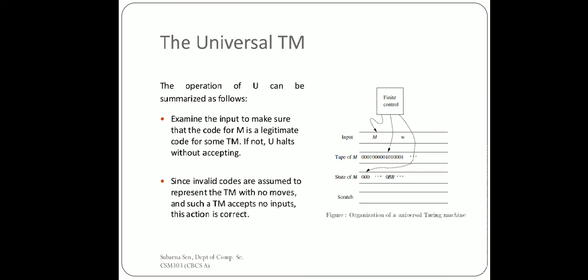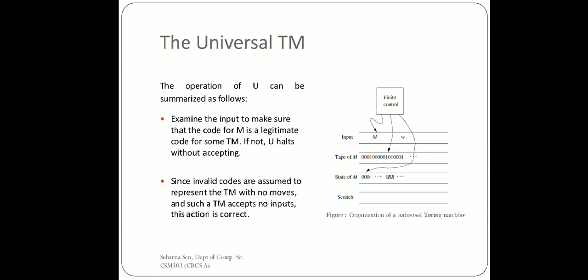How is it going to operate? Examine the input to make sure that the code for M is a legitimate code for some Turing machine. If not, U halts without accepting. Obviously, if the input we are going to feed to this machine is not in the form of M, W, or does not follow the correct binary representation for the Turing machine code, you cannot work in that fashion.